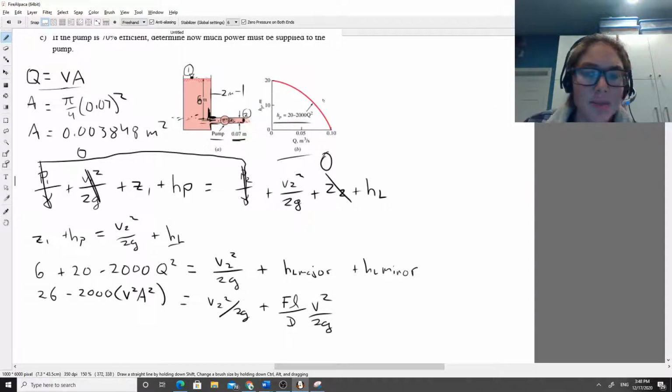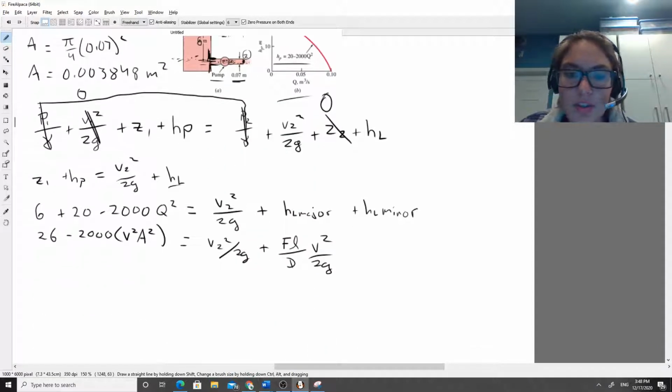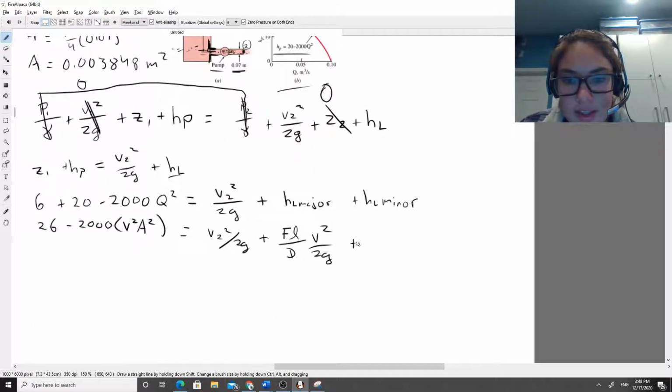The minor head loss we have in this system is given to us by a little hint in the problem that the entrance to the pipe section is sharp edged. So this is going to cause us a minor head loss. So the general equation for minor head loss is equal to your coefficient of loss, k, multiplied times v squared divided by 2g.